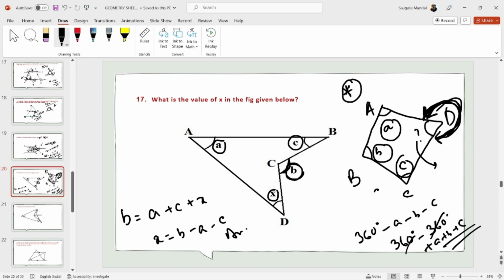So what is the rest angle? This is 360 degrees minus A minus B minus C. This is the value of the internal angle of D.